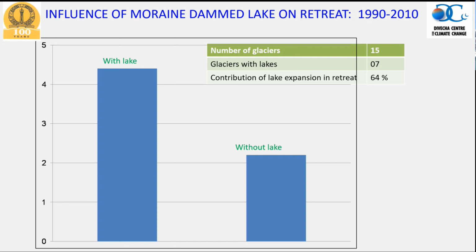This is 15 glaciers with a number of lakes, and glaciers with lakes are 7, and the contribution of lake expansion to the retreat is 64%.